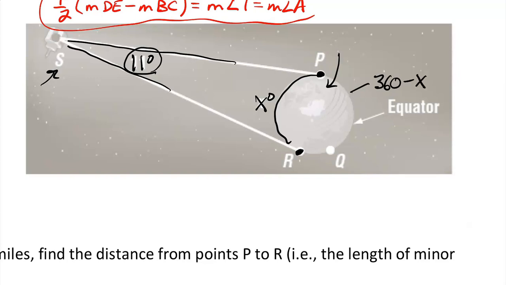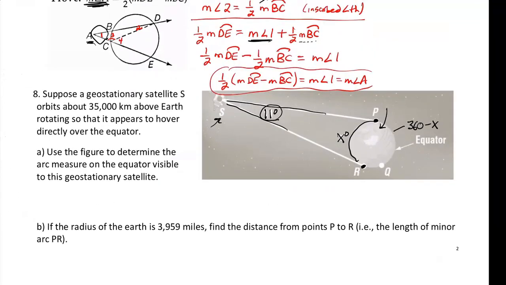So now we can set up our equation based on our theorems we've been talking about. We would have 360 minus x minus x. Notice we have two minus x's in there. Divide by 2, and that equals 11.